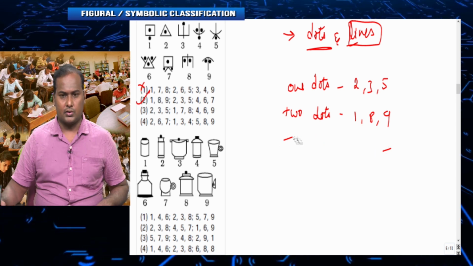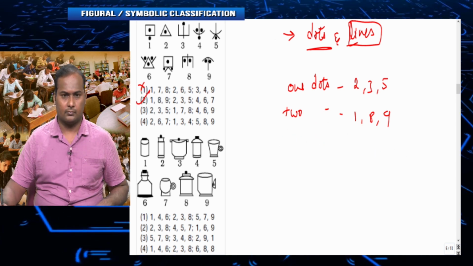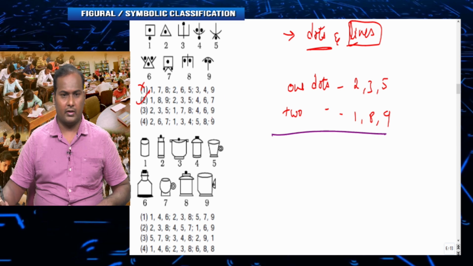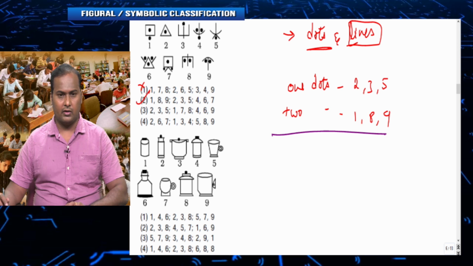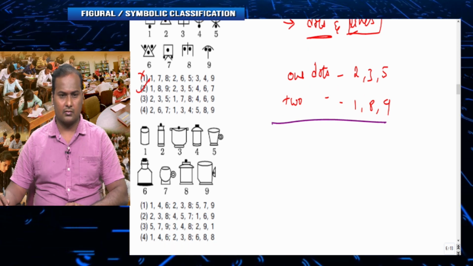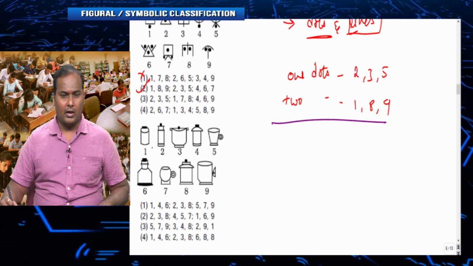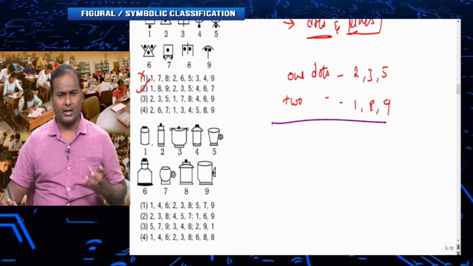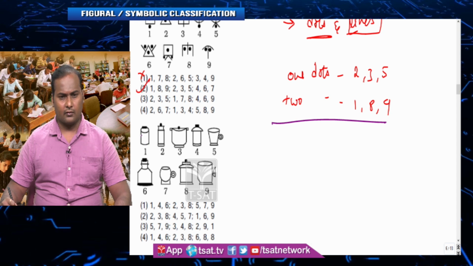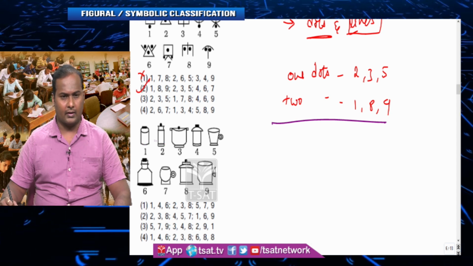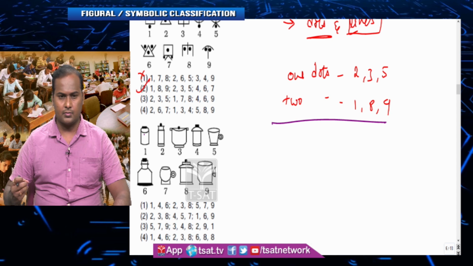Whenever you see this kind of question, before we consider lines and dots, in this question some figures are given. So whenever you see these kinds of figures, what character can one take for this particular group? If you see figure 1 and figure 2, the similarity is both are cylindrical objects.